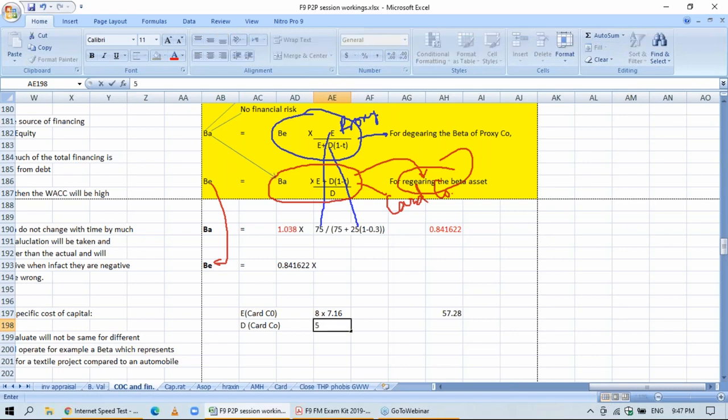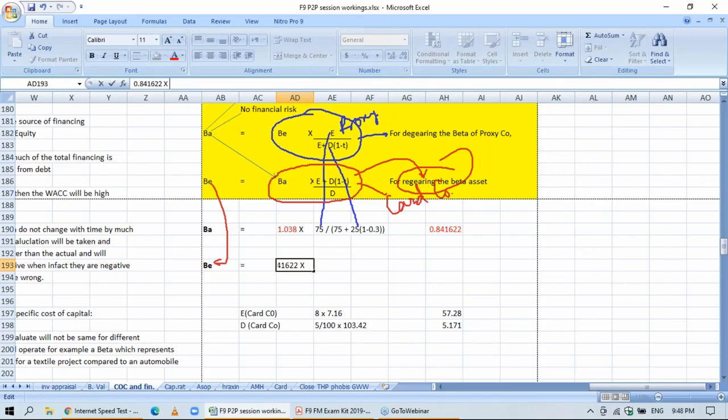The card company has bonds in the balance sheet of 5 million. We divide 5 million by 100 to get the number of bonds and multiply by the market price of one bond, which is 103.42, which makes 5.171. So this is the value of equity and debt of card company. We'll be using this in the formula.